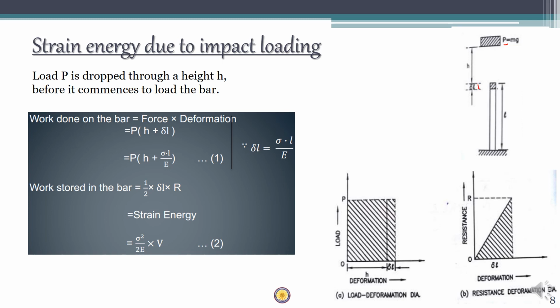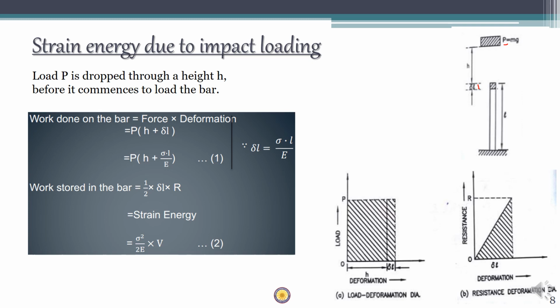In this case, the load deformation diagram will look something like this. The load travels by a distance of h and delta L, and during all this the value of P is the same. So the load versus deformation curve will be something like a rectangle again.